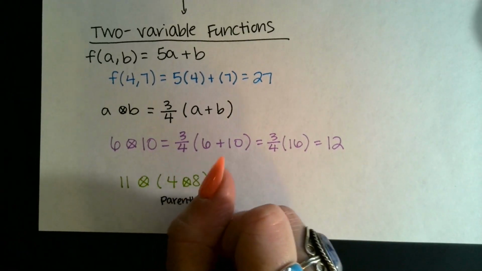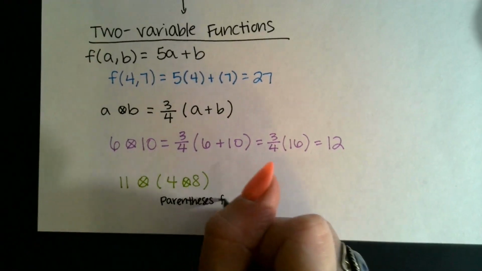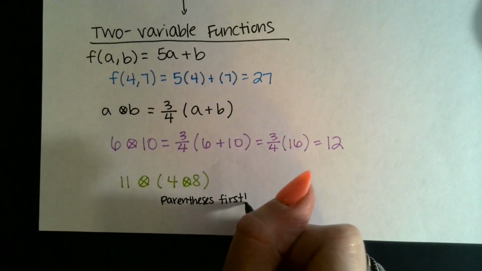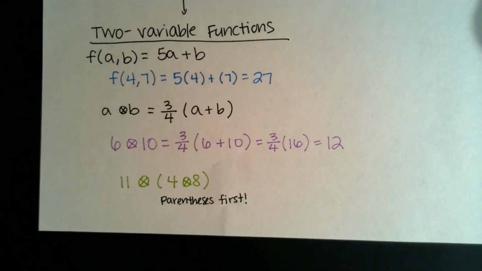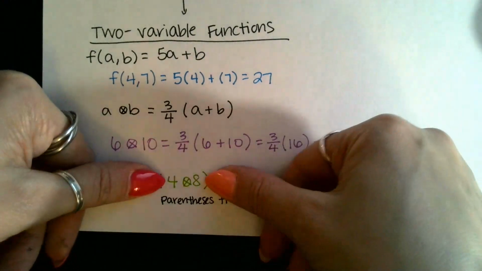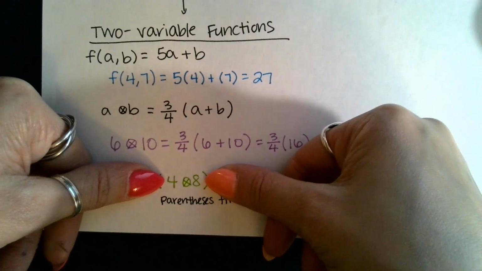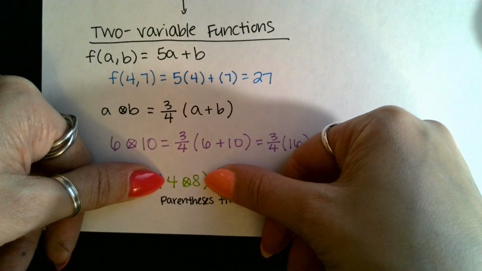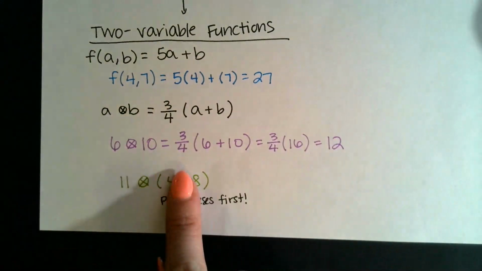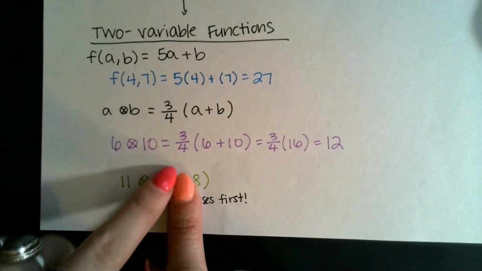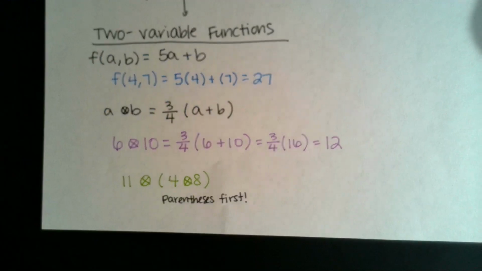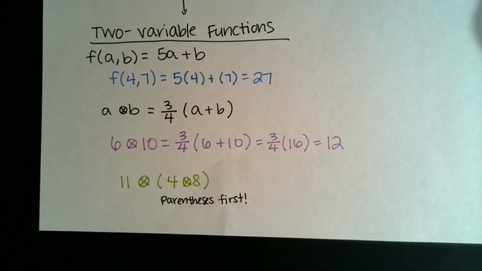Parentheses first. Emma, literally what I had written down on my paper. Well done. You would evaluate 4 with 8 first, and then whatever that answer was, which I think is 9, would go there, and then you'd do 11 with that number. So you would just apply the rule twice. You can do that. It is not difficult.